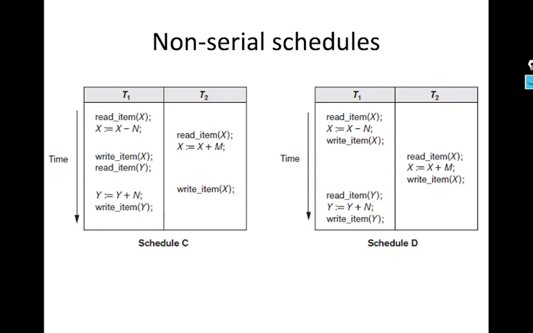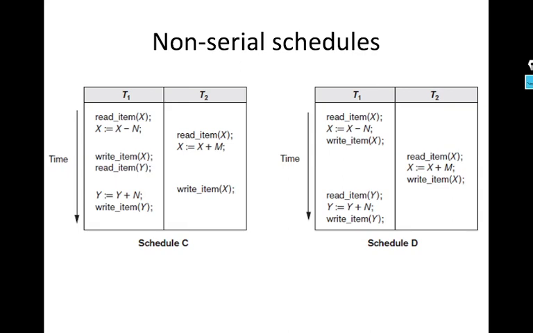Now after executing schedule C, x will be 92 and y will be 93. Here x is a problem. X should actually have been 89. After performing all these operations, x has an erroneous result.